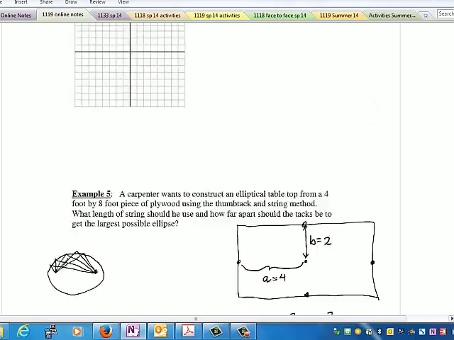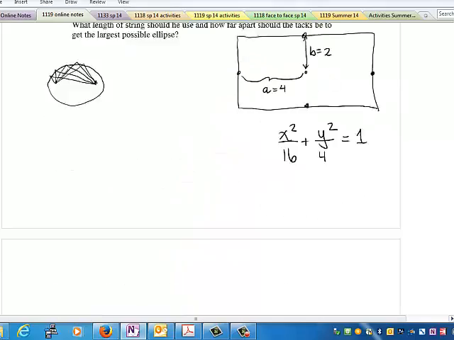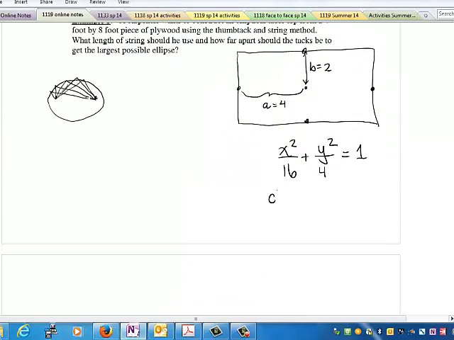And if you look back, you want to remember that c squared is a squared minus b squared. So we've got c squared equals a squared minus b squared, which in this case is 16 minus 4. So we'd have 12. So c would be positive or negative square root of 12. We don't want to take c to be negative, so square root of 12, which is 2 times the square root of 3, right?